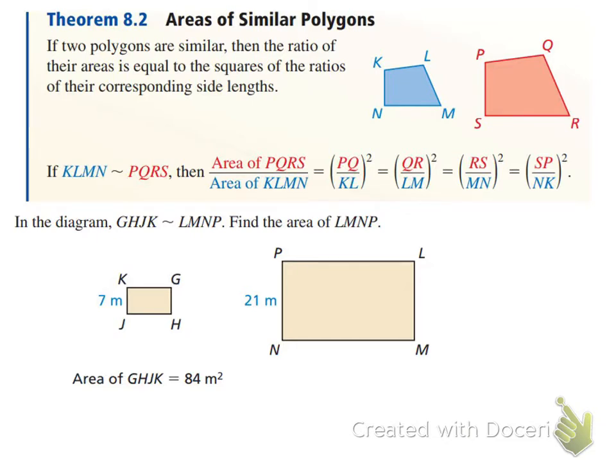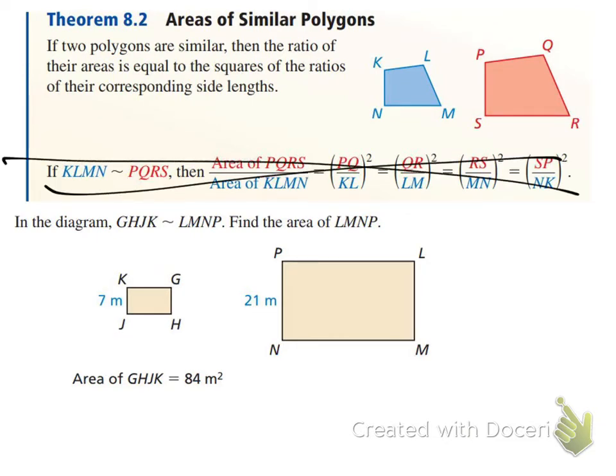Now we talk about area. Area is very, very similar to perimeter, except for one thing. Remember that area is square units, and that will affect the formula. So it's a similar formula.